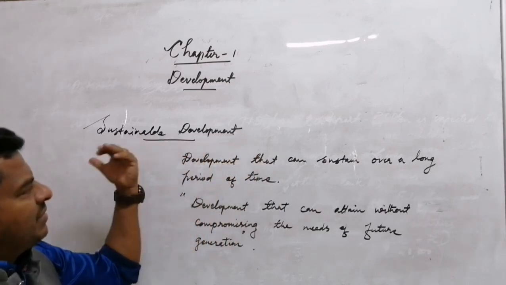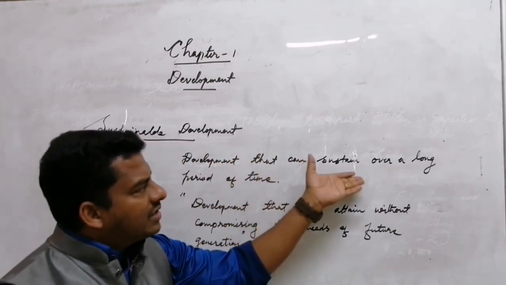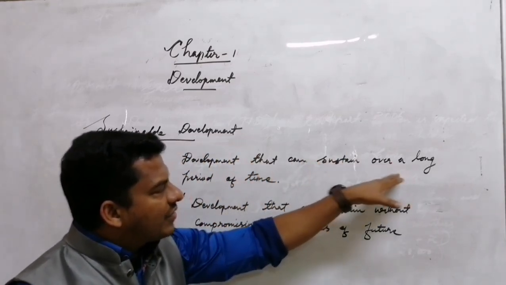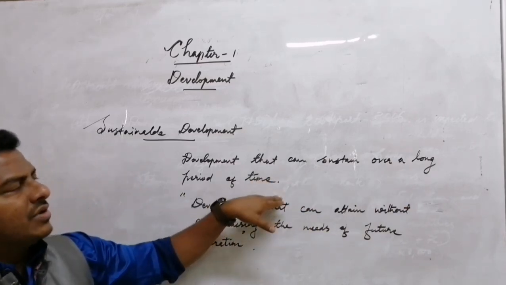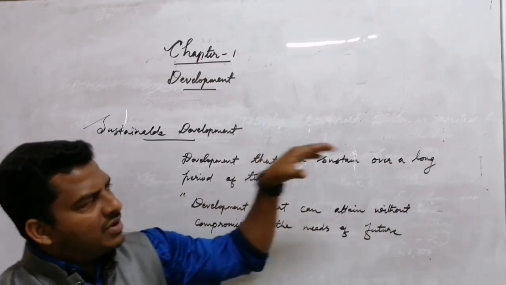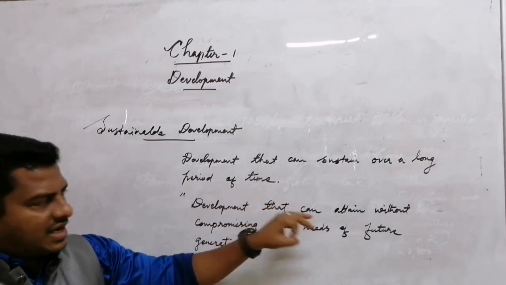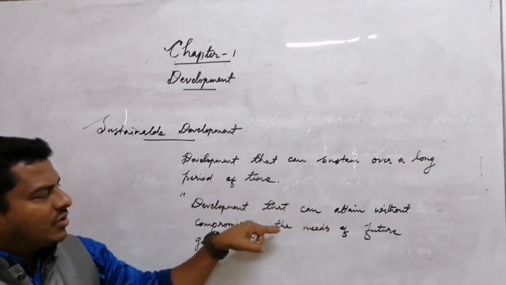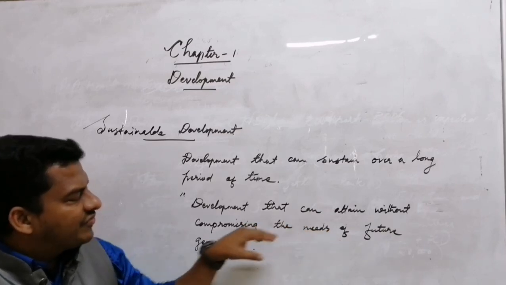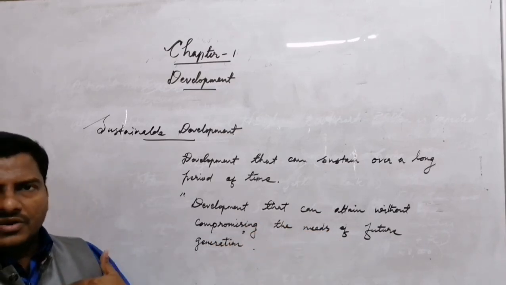Sustainable development means the development that can sustain over a long period of time. We should continue the development for a long period of time. Actually, it is the development that can be attained without compromising the needs of future generations.